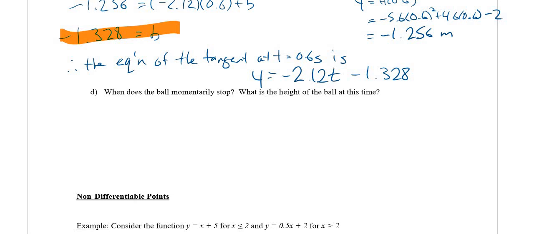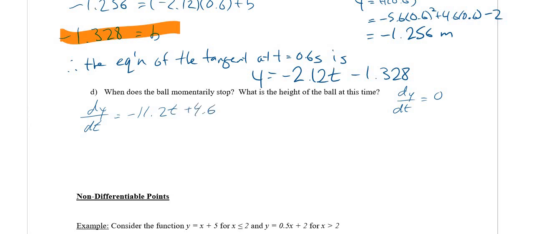So the way we're going to do that, we're going to say that at that point, our derivative is going to be equal to 0. So let's take our derivative function that we found in part A, and that's going to be negative 11.2t plus 4.6.